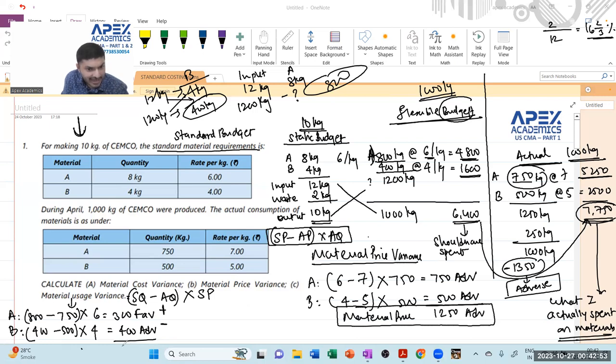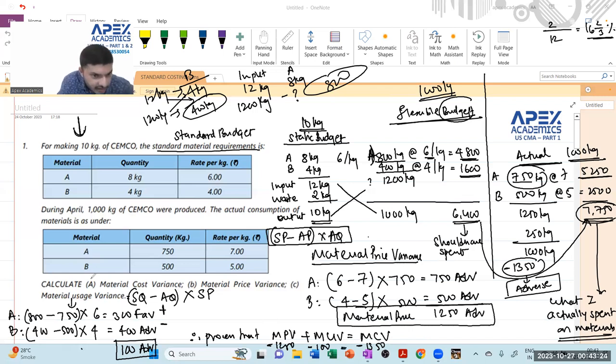Your answer will be minus 100, means this is 100 adverse. And this is exactly what we had calculated. Therefore, proven that material price variance plus material usage variance is equal to material cost variance. Material cost variance is minus 1350, material usage variance is minus 100, and material price variance is minus 1250.